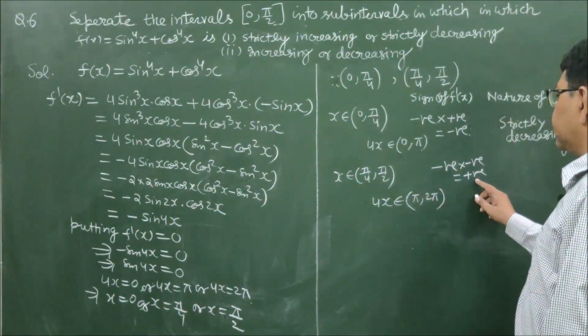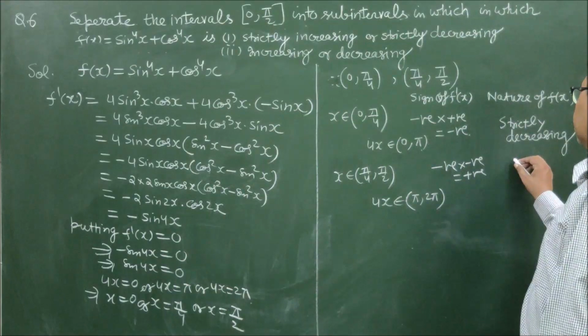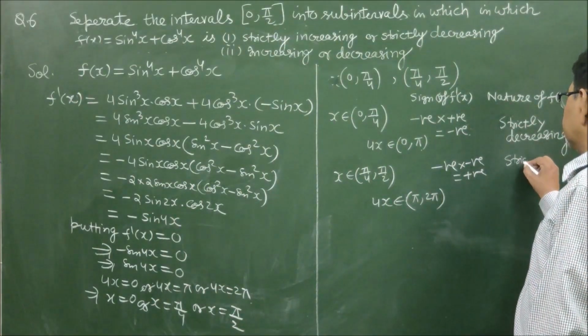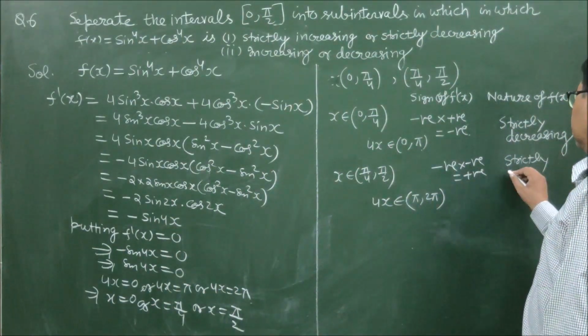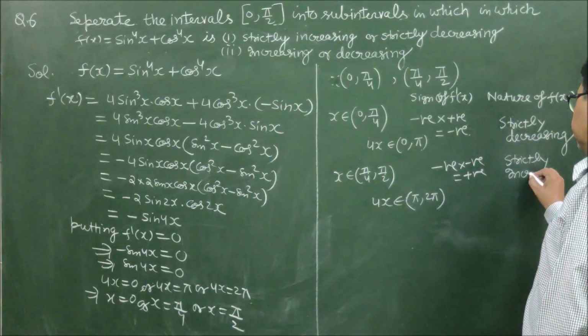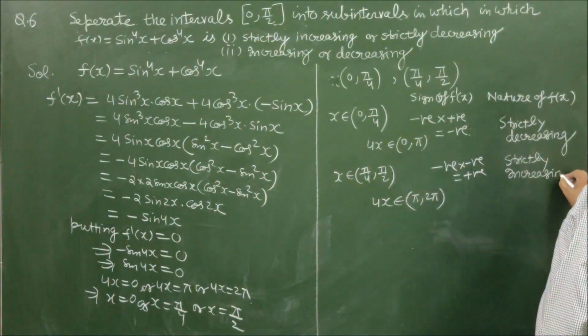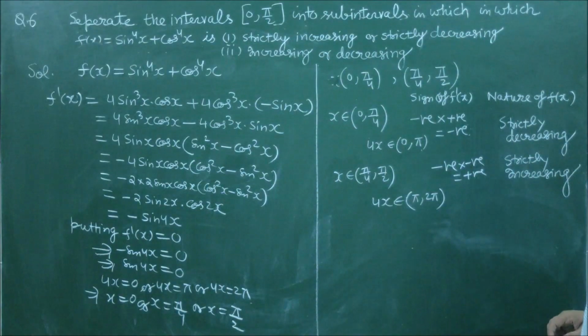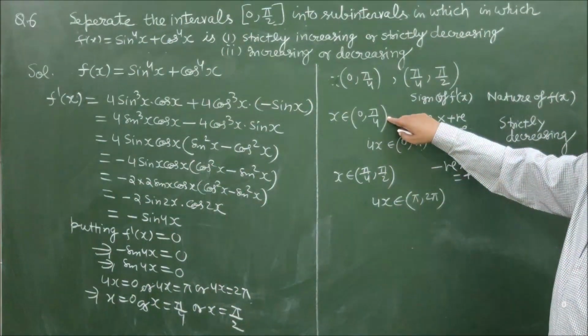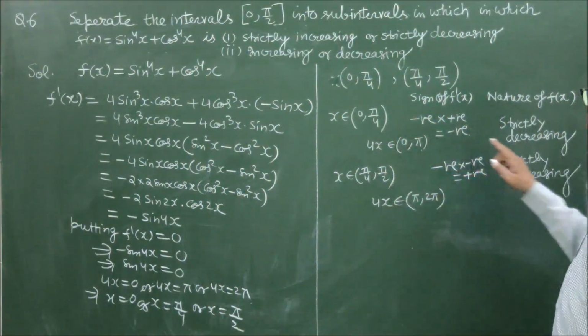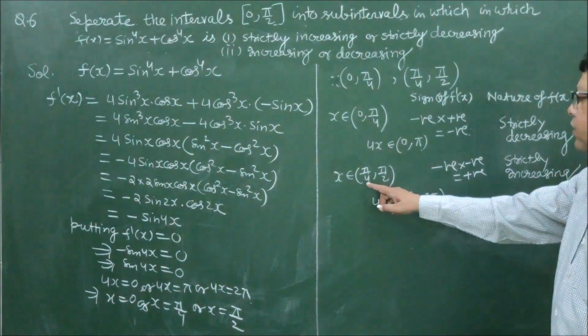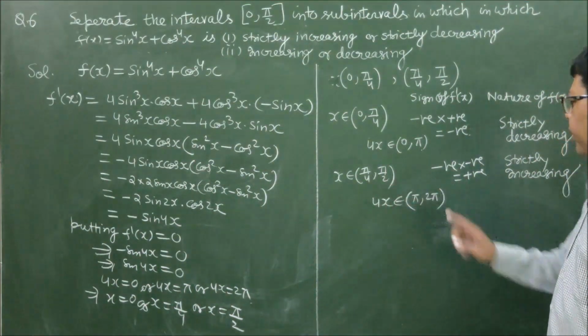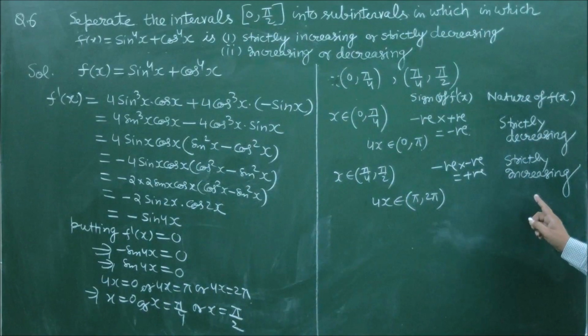So in this interval the function is strictly increasing. So in the interval 0 to pi by 4 the function is strictly decreasing, and in the interval pi by 4 to pi by 2 the function is strictly increasing.